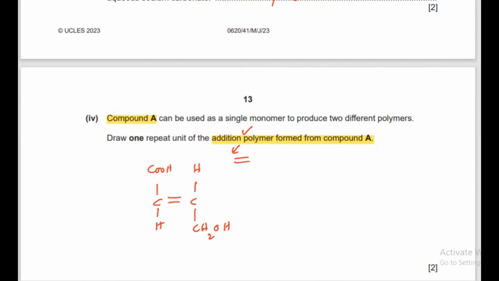Just remove the double bond and extend the carbons which contained the double covalent bond. So this is the polymer.